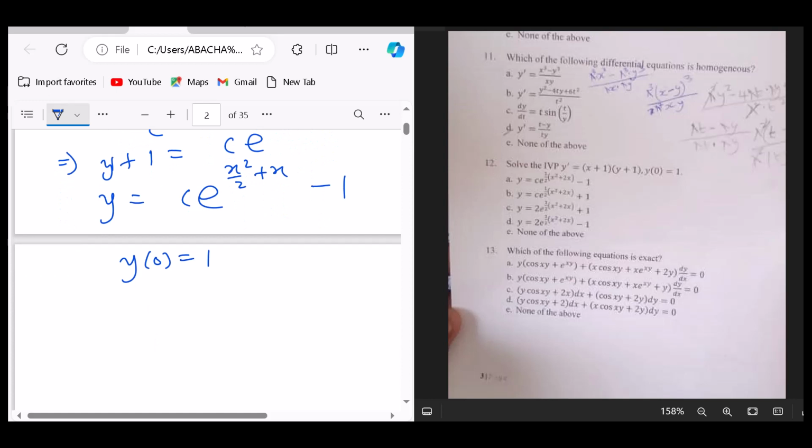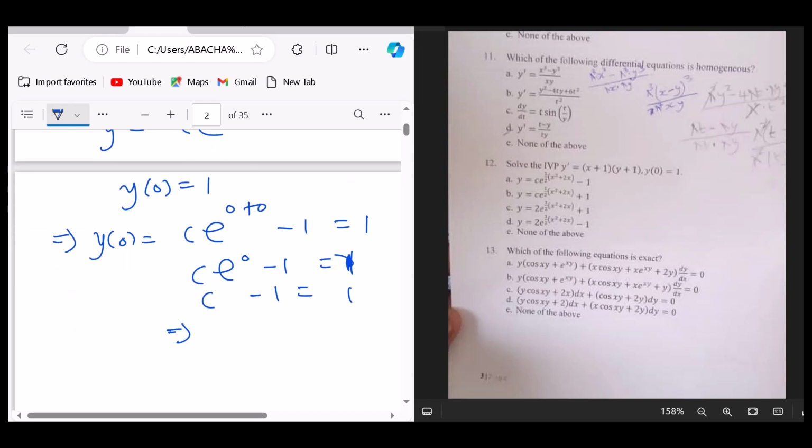So this will imply that y of 0 equals c e power 0 plus 0 minus 1 equals 1. So we have c e power 0 minus 1 equals 1. C minus 1 equals 1. Sorry, this is 1. And so this will imply that C is equal to 2.